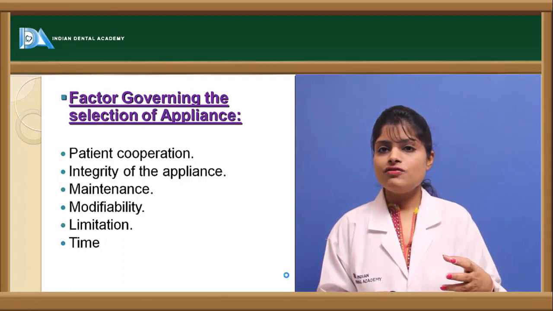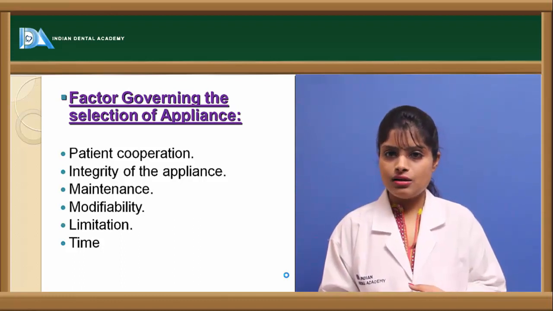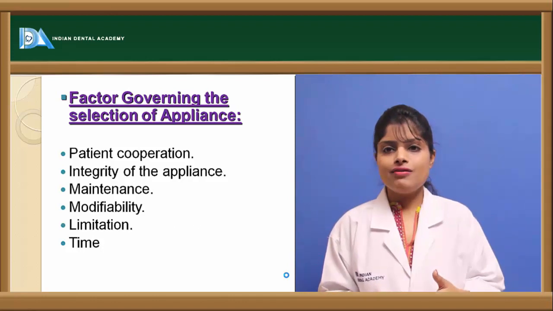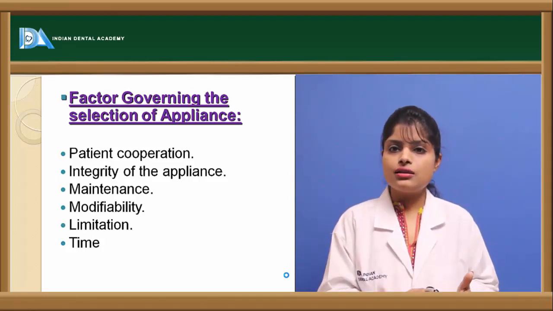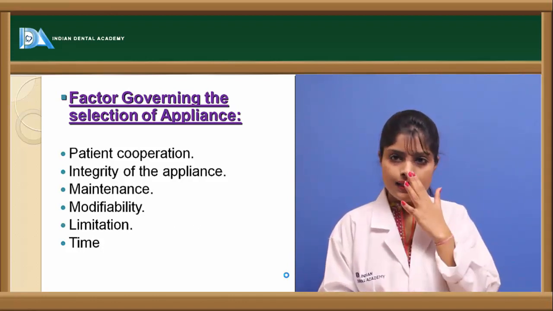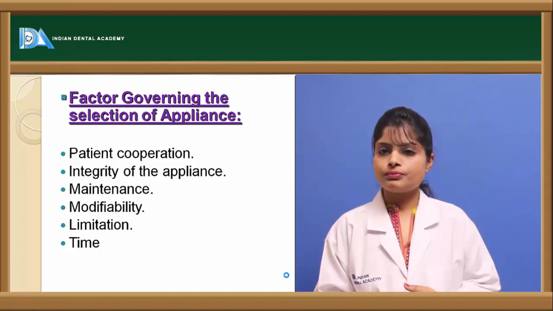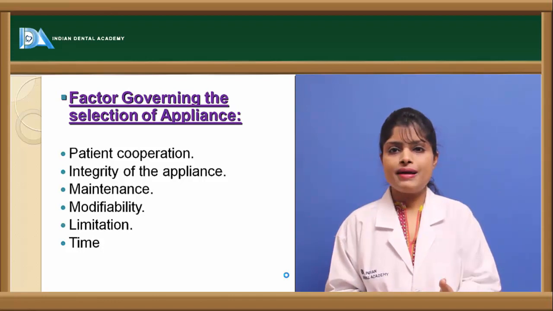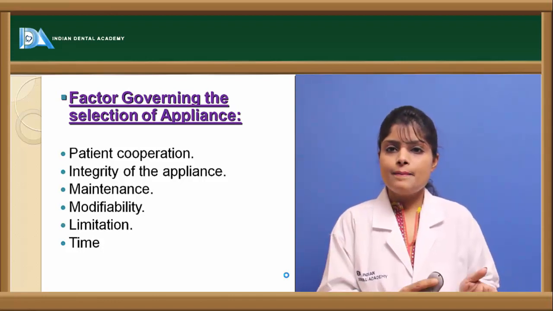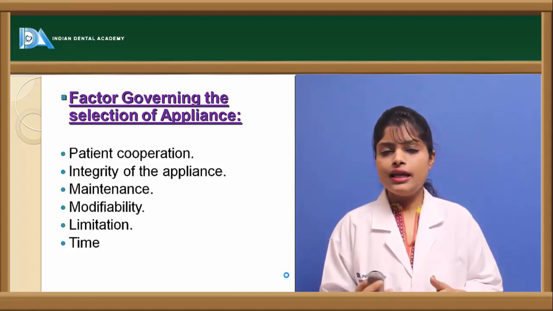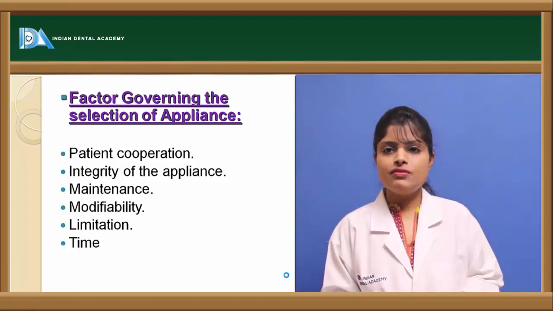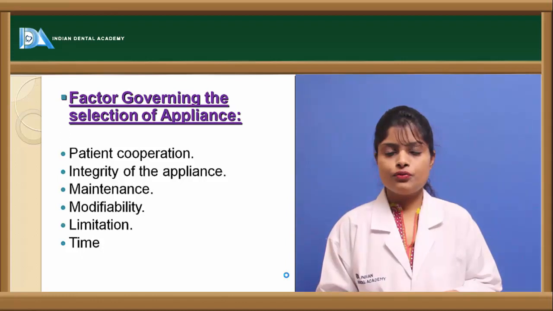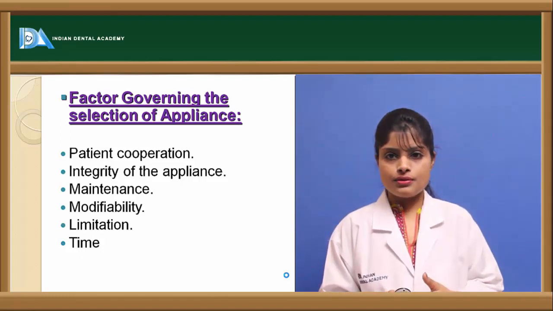Next, the modifiability of the space maintainer should also be considered so that it should not prevent any erupting teeth from eruption in the dental arch. Furthermore, for example, there are certain space maintainers like the band and loop and the lingual arch, which can be given U-loops for modification in the arm, for adjustment of the arms.